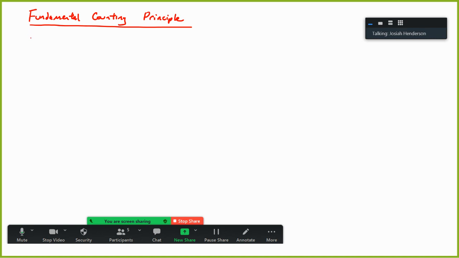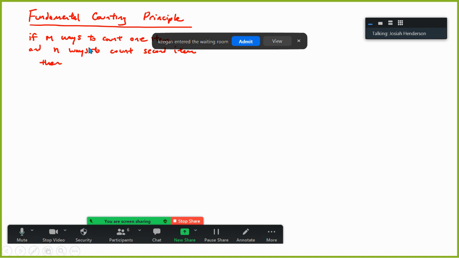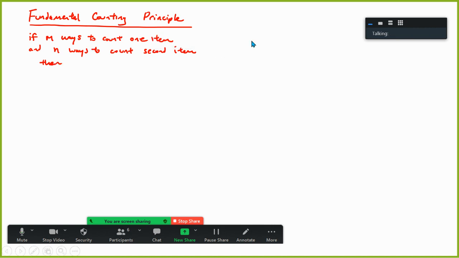So if there's m ways, where m is some number, to count one item, and n, as in Nancy, ways to count a second item, then there's m times n ways to count them together.